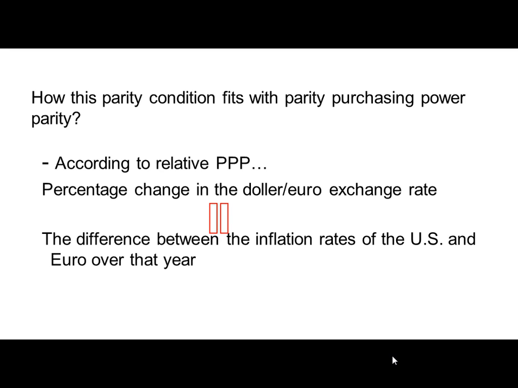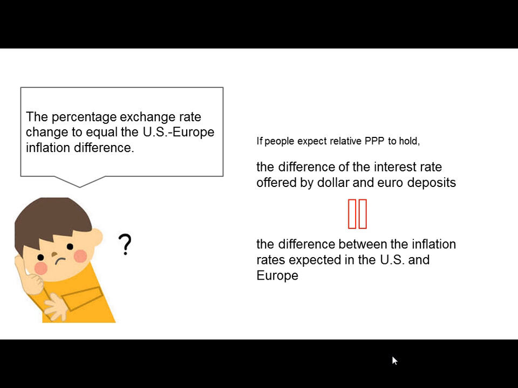So we can say, if people expect relative PPP to hold, the difference between the interest rates offered by dollar and euro deposits will equal the difference between the inflation rates expected in the United States and Europe.